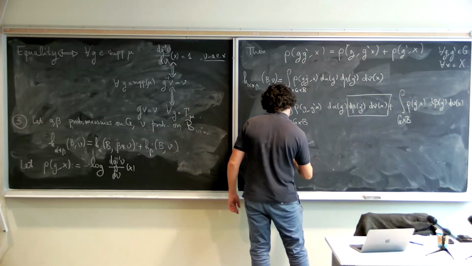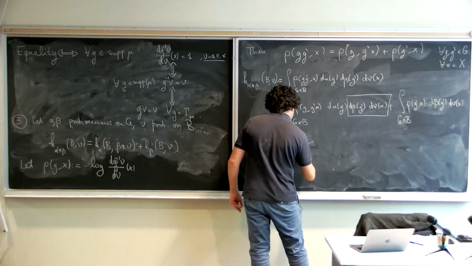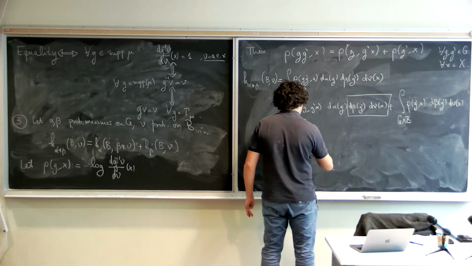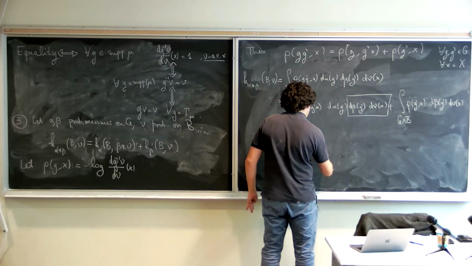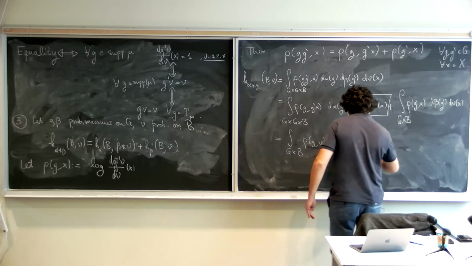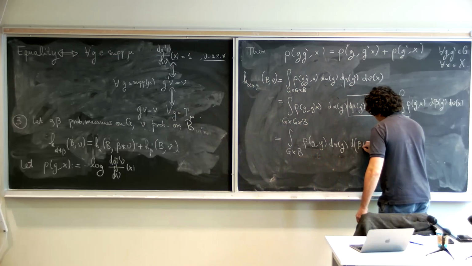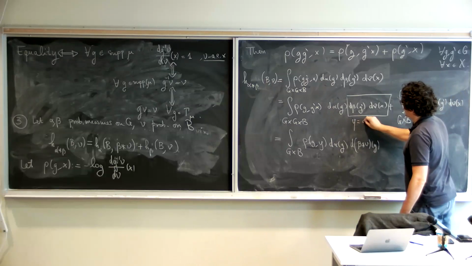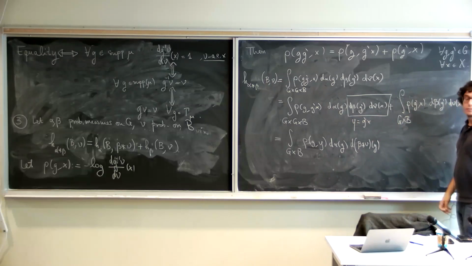The integral over G times B of rho of G y d alpha G d beta star nu of y, if we let y be G prime x.